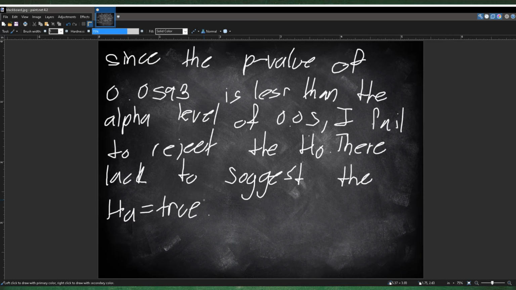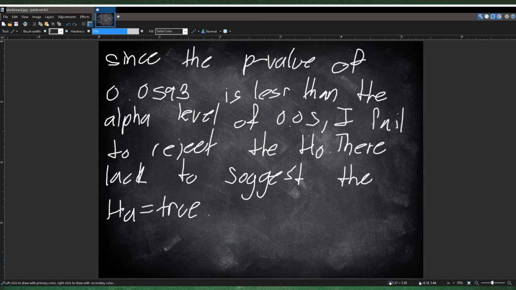Then you say there lack evidence suggests the distribution of the color of chocolate by the company isn't the same as what the company claimed. So, which is the alternative hypothesis.